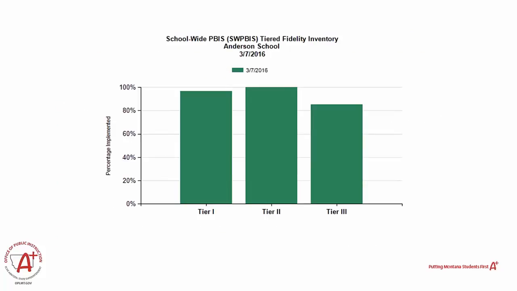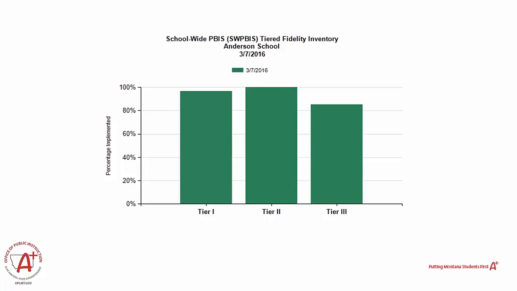So when we are looking at a whole school report, this is kind of what it looks like. And I want to send out a thank you to Anderson School for allowing us to use their really nice data. Looking at this whole school data, I'm quite excited that my granddaughter is going to be attending this school with this kind of picture.